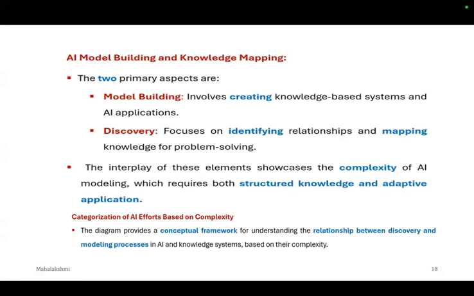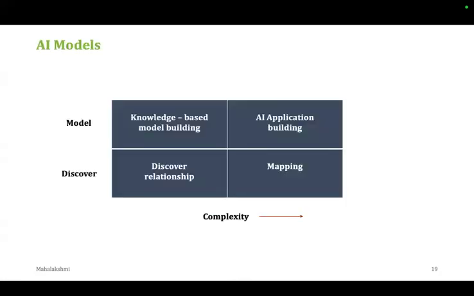There are different categories for AI efforts based on AI knowledge-based agents, based on the complexity. The diagram provides a conceptual framework for understanding the relationship between discovery and modeling processes. In terms of complexity, with respect to model and with respect to discovery, the relationship would vary.